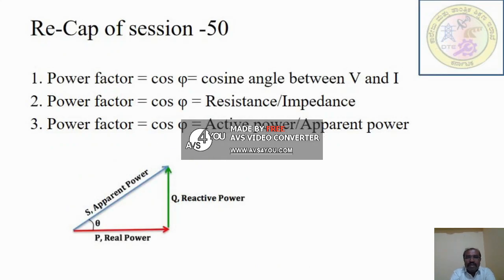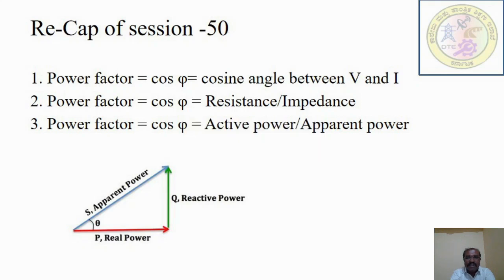We will recap some highlights of what we discussed in session number 50. Here we looked at the basic definitions of power factor. In the first way, we can define it as the cosine of the angle between voltage and current. The second way is the ratio of resistance to impedance, and another way is the ratio of active power to apparent power.